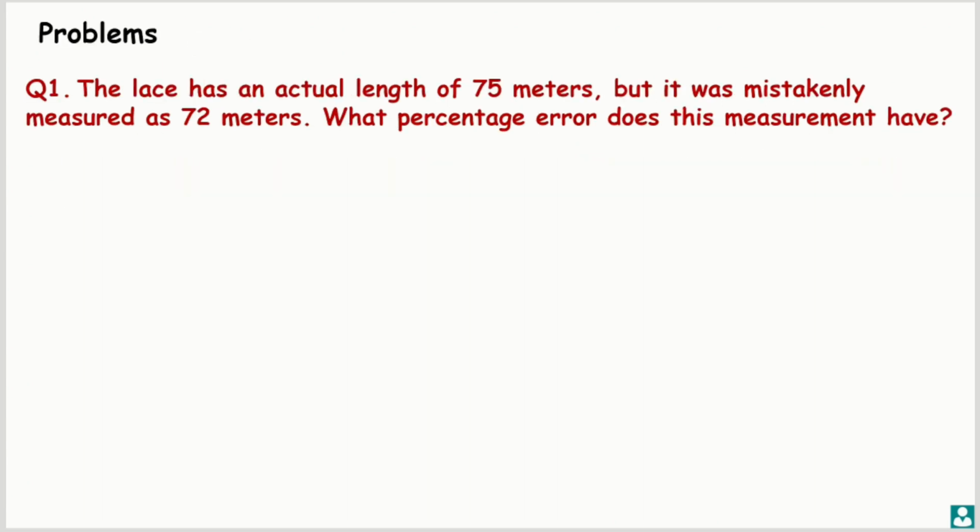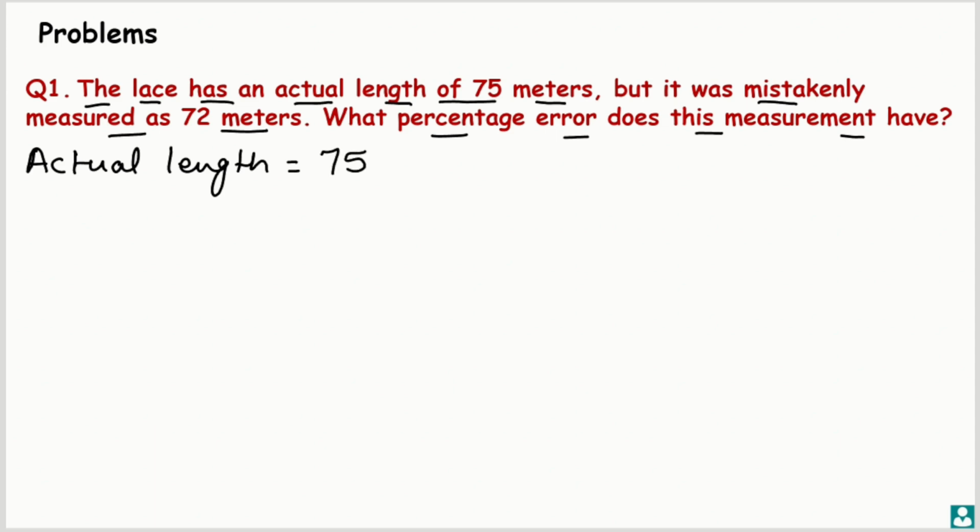Now we will see a few problems on the same concept. Here I have taken the first problem. The lace has an actual length of 75 meters, but it was mistakenly measured as 72 meters. What percent error does this measurement have? First we are given the actual length, which is 75 meters.